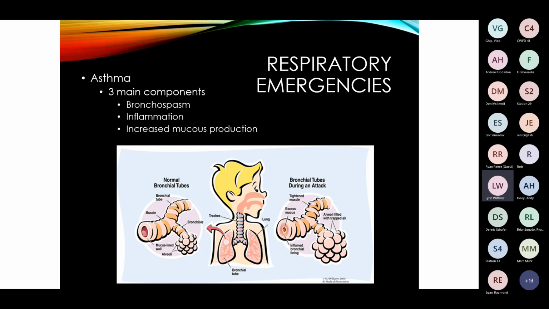Three main components of asthma: bronchospasm, so the bronchi narrow; inflammation, it is an inflammatory process; and because of the inflammatory process, you end up with increased mucus production.